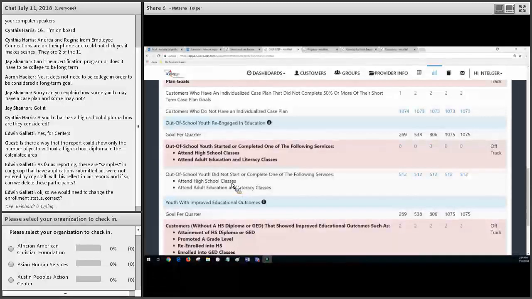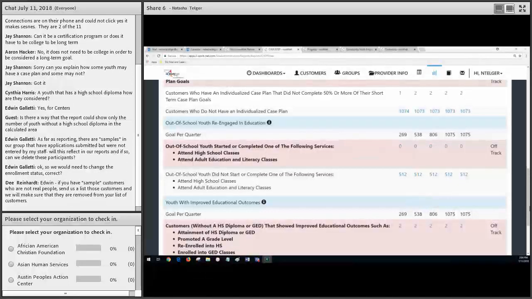And ideally, they should commit to engaging in education at the time of enrollment in order to be considered eligible. So, for example, if we got somebody who is a high school dropout, they're not currently taking any GED classes, and we're going to enroll them in the program, they should commit to us at that time that they are willing to re-engage in education. And then once they do, as long as we marked everything correctly, that should show up as a participant who is re-enrolled in education and will count towards meeting that performance measure.